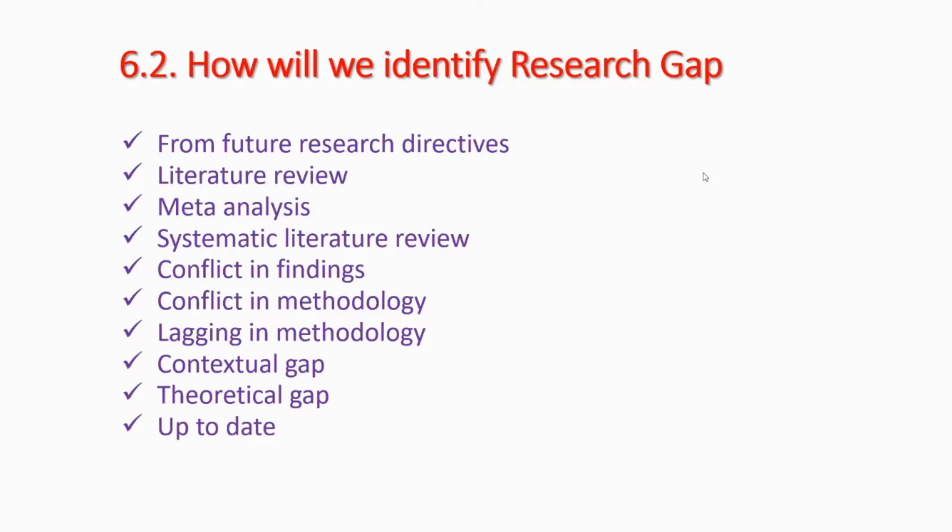And contextual gap. Contextual gap means suppose this study has been done in the leather industry. This has not been studied in the tourism industry. So that is called the contextual gap.